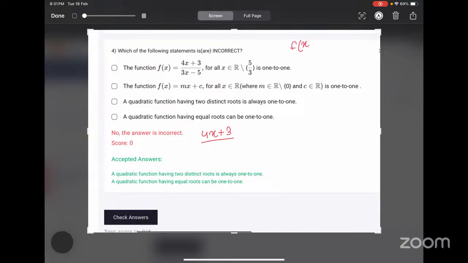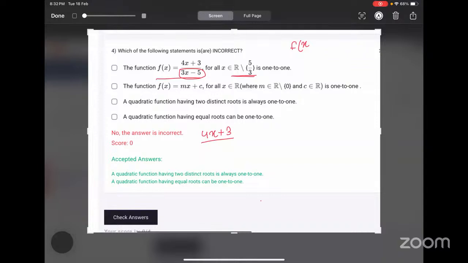This is the domain, R minus 5 by 3. The function is defined in this domain because the denominator should not be 0 in order to define the function f. So the domain is basically R minus 5 by 3.